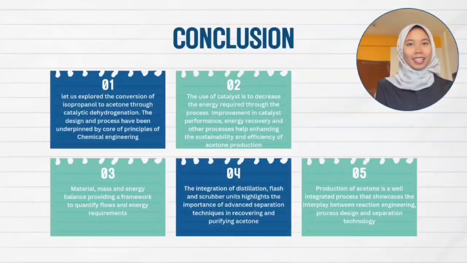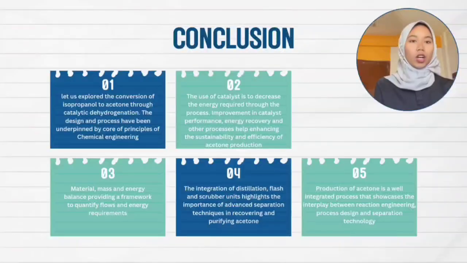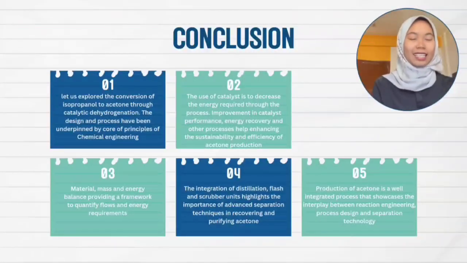In a nutshell, I can say that we are exposed to the dehydrogenation process. This is because the conversion of isopropyl to acetone requires a dehydrogenation process. And also, we learn that the catalyst helps in decreasing energy. The improvement of catalyst and the energy recovery also help enhance the sustainability and efficiency of production.